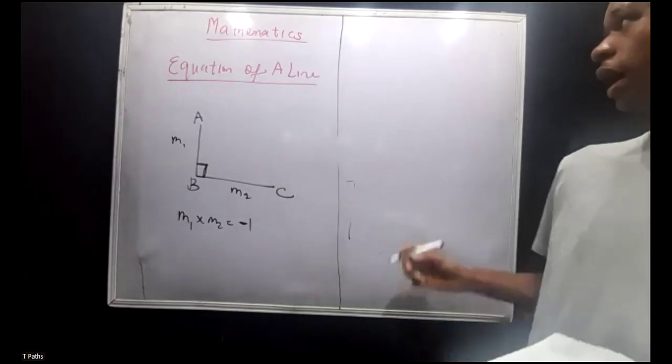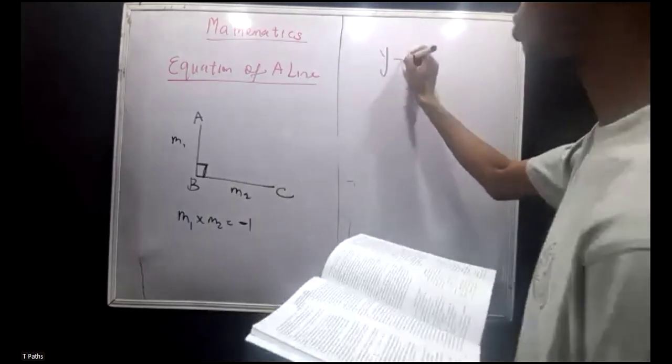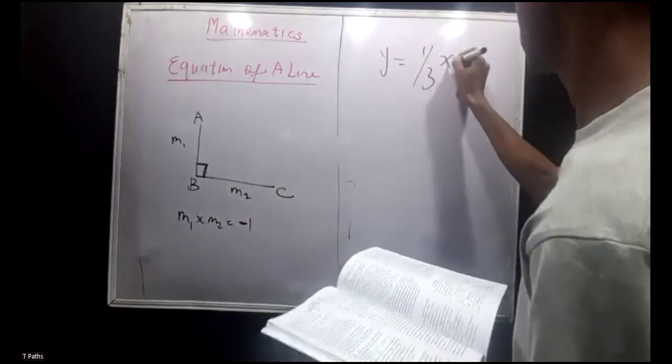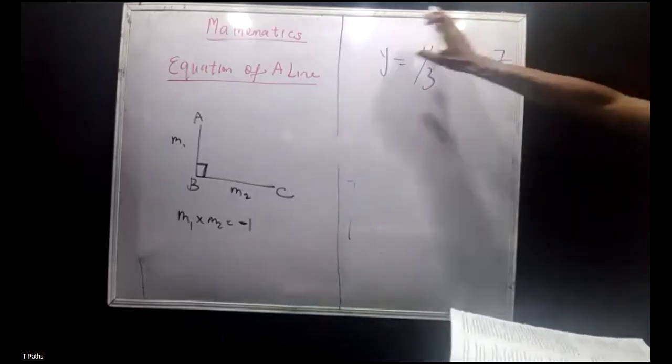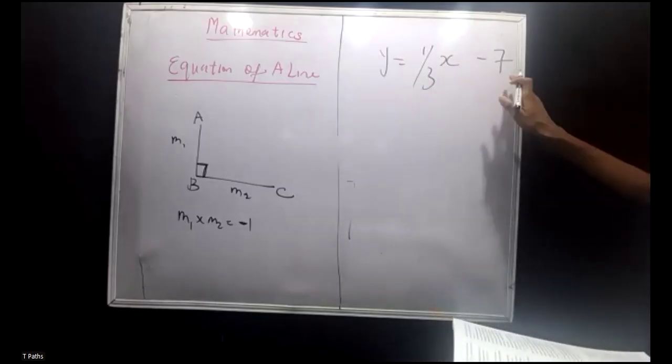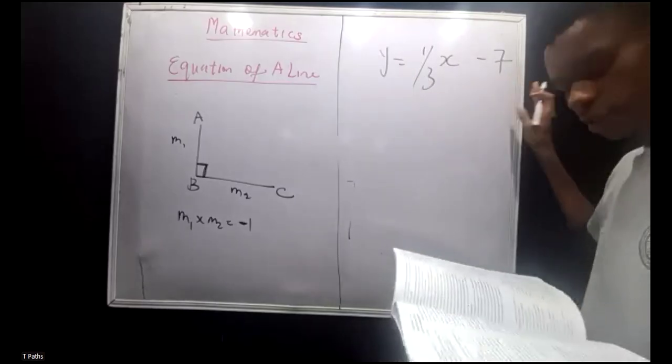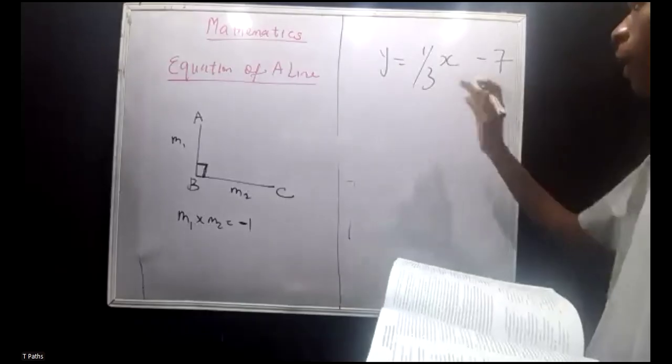So in this question, I have a line with the equation y is equal to 1 over 3x minus 7. Now the question says, find the slope of the line perpendicular to this.